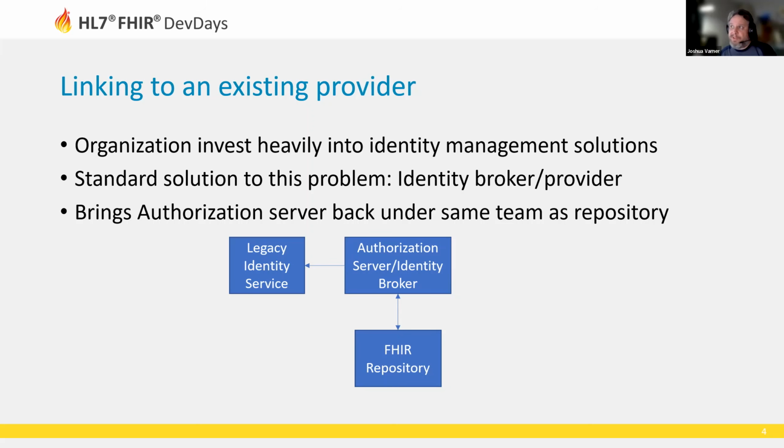And luckily, there's a standard solution to this part of the problem, and that's the identity broker option. One of the major benefits is that having that broker authorization server brings the control of that authorization server back into the system that is managing the repository, since in Smart on FHIR, that authorization server really does have to be pretty highly coupled with your FHIR repository.